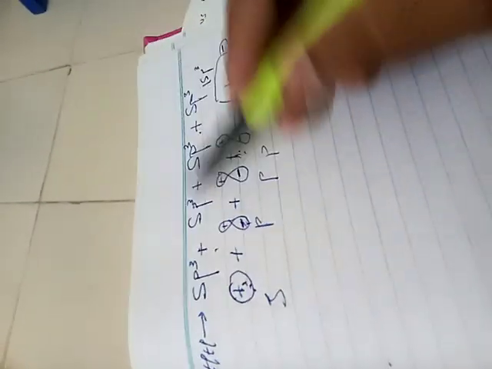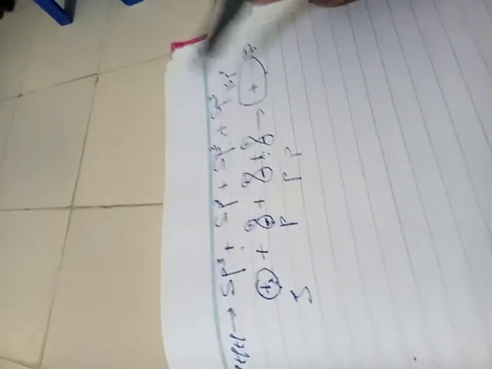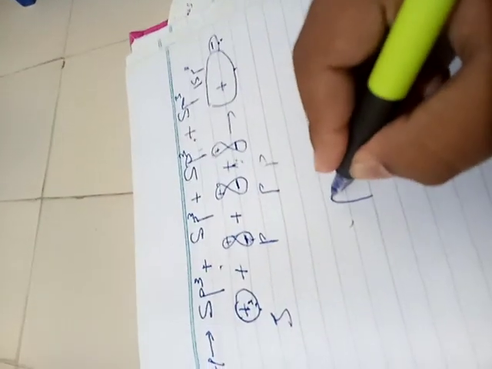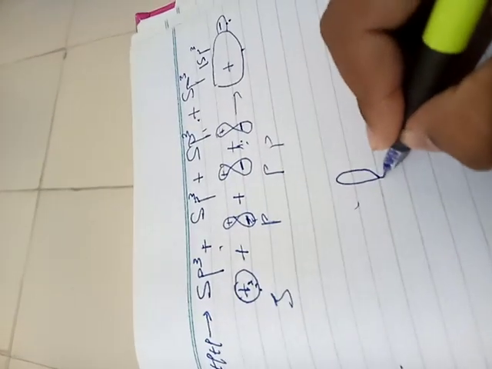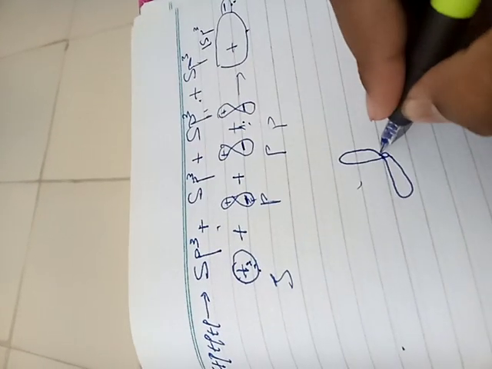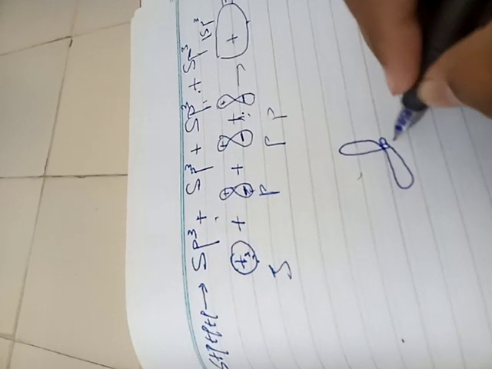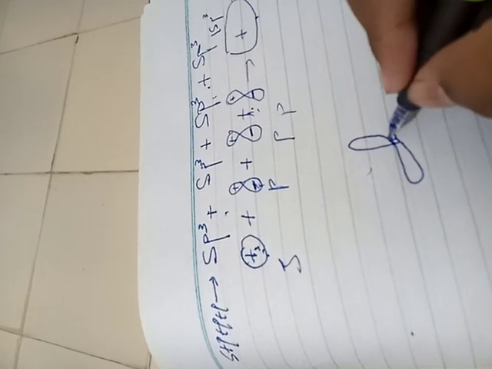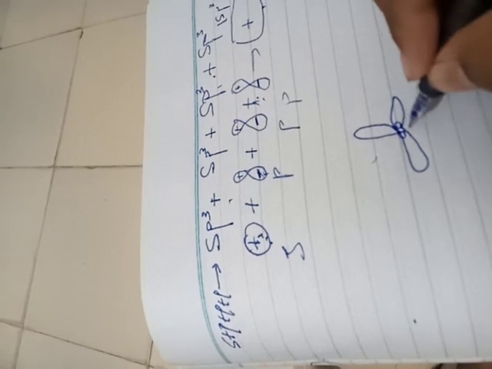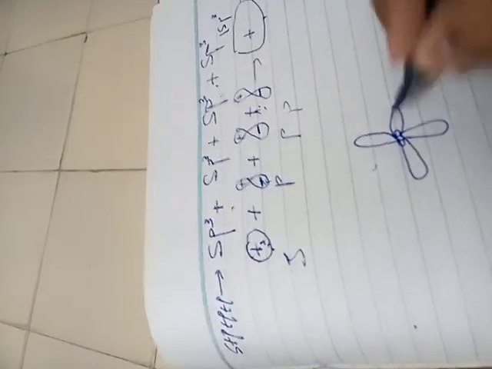But here the product will be 4 sp3 hybrid orbitals. So now let's draw the structure of this one. For example, like this. This one is the negative side, and like this, and like this.